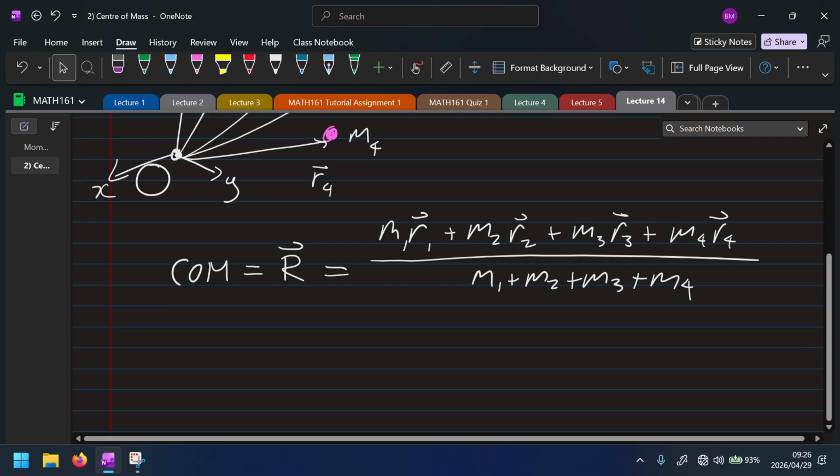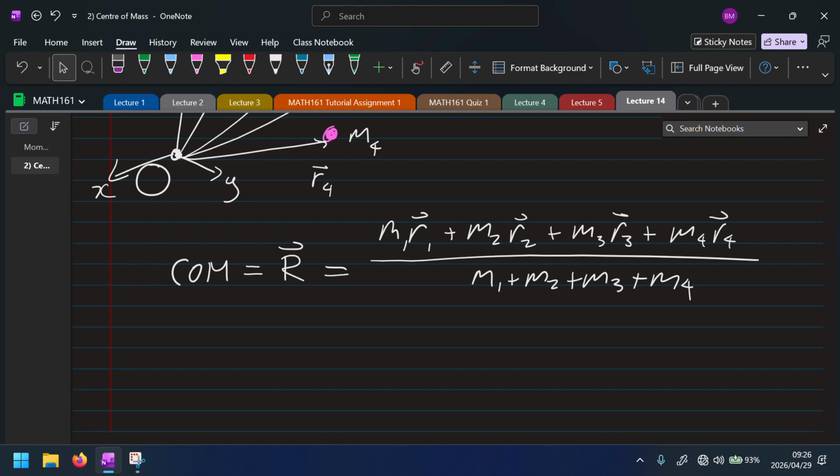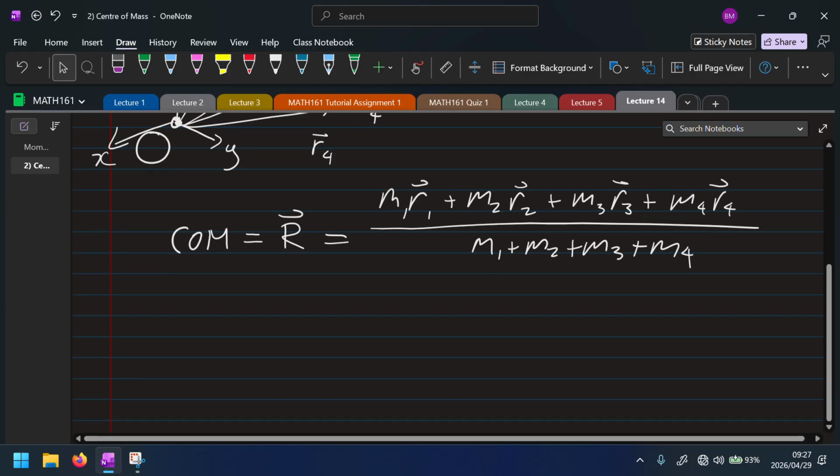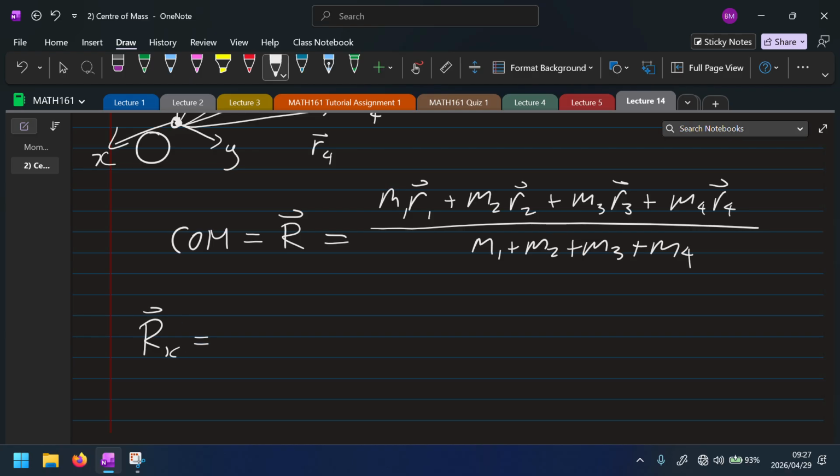Now, what we're going to do is split this up into 3 separate equations, because remember, this is a vector equation. The vector equation has 3 components: the x component, y component, z component. So the first component, x, will be the x components from each of those.